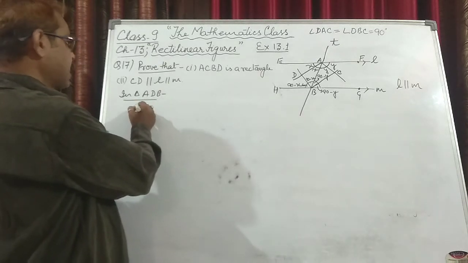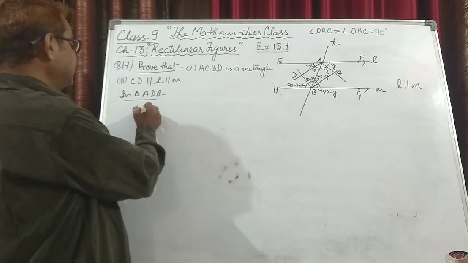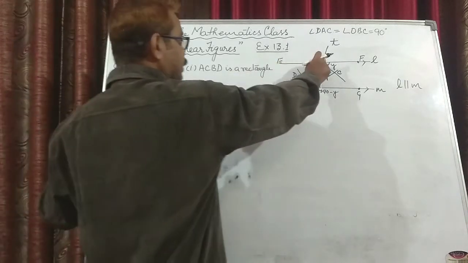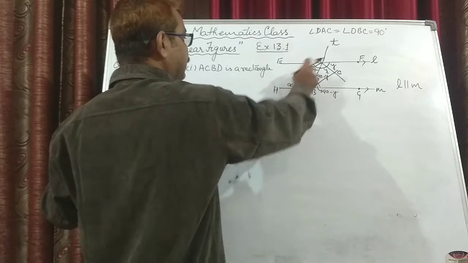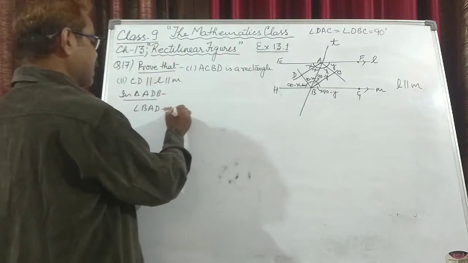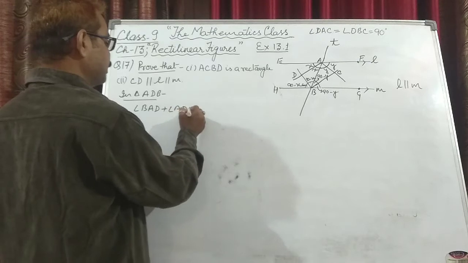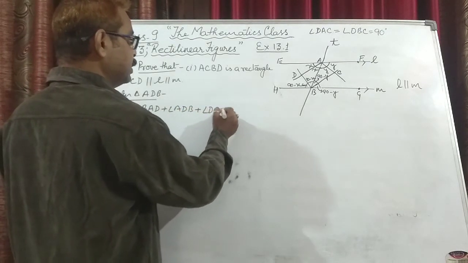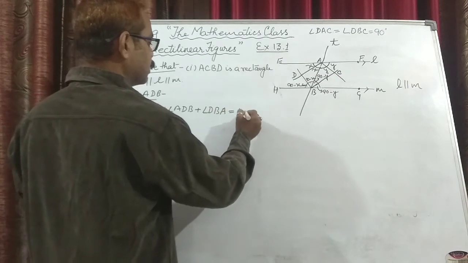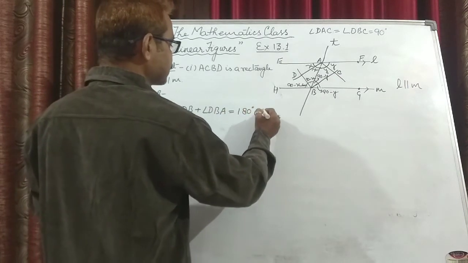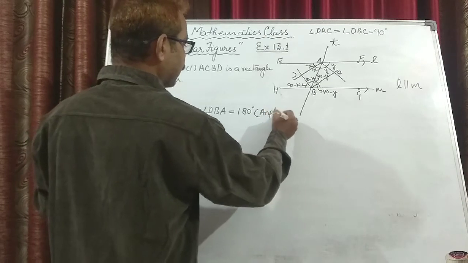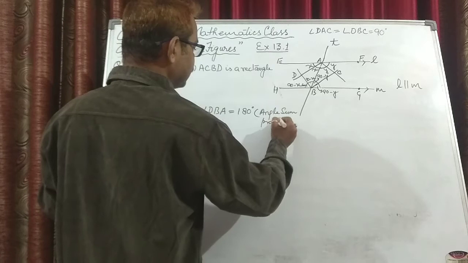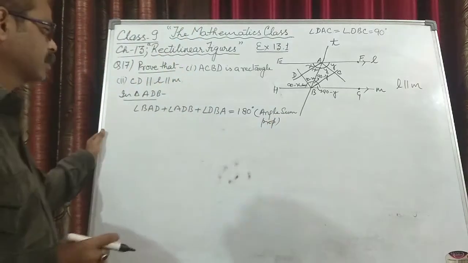So we can say angle BAD plus angle ADB plus angle DBA is equal to 180 degrees. Reason is angle sum property.